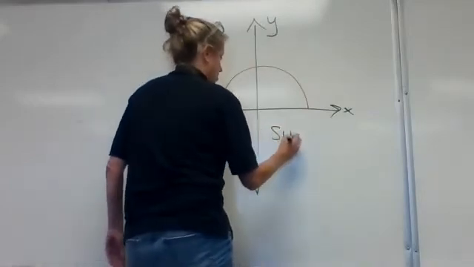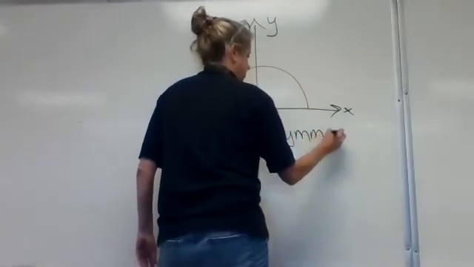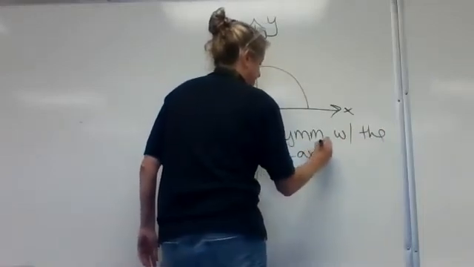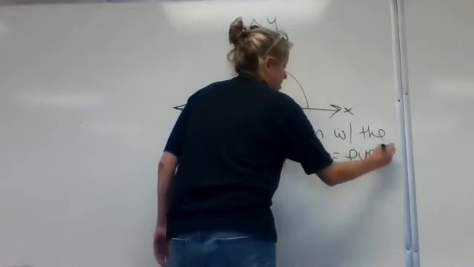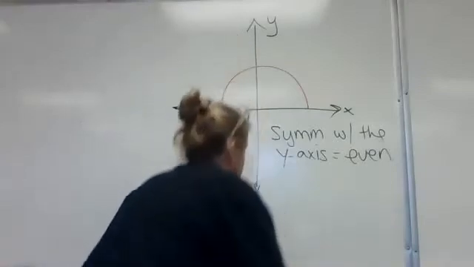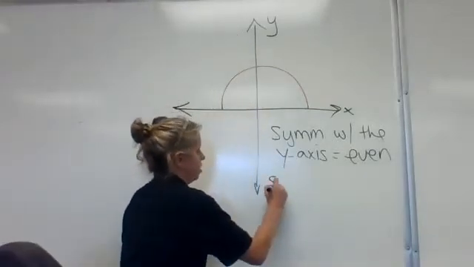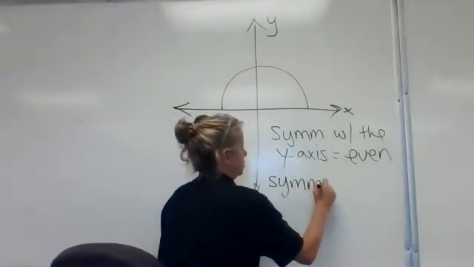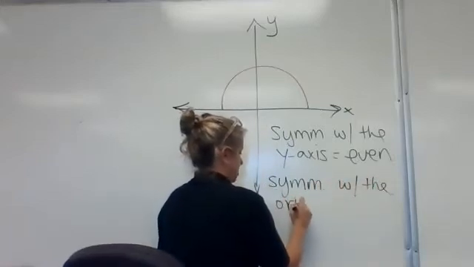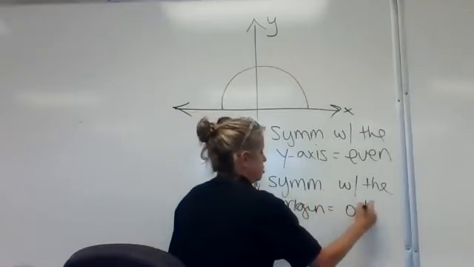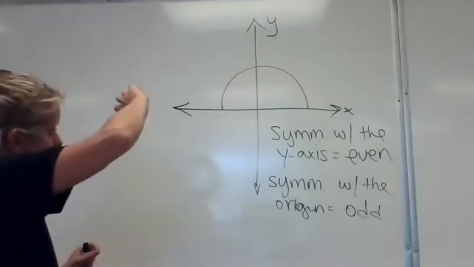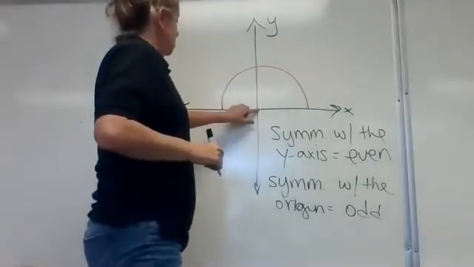If you are symmetrical with the y-axis, you are an even function. Odd functions come into play when you are symmetrical with the origin. That makes you an odd function, which means you would be symmetrical with the origin, which is right here.